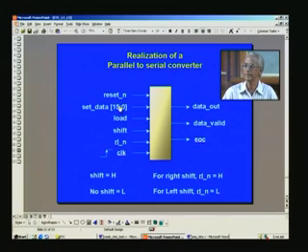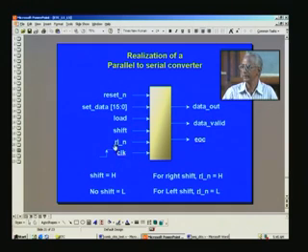This is the parallel information, and we want to serialize, and at every clock pulse, at the positive rising edge of the clock, you get a data out. When the data is valid is indicated by another signal called data valid, and when all the 16 bits have been converted, the end of conversion is asserted here.